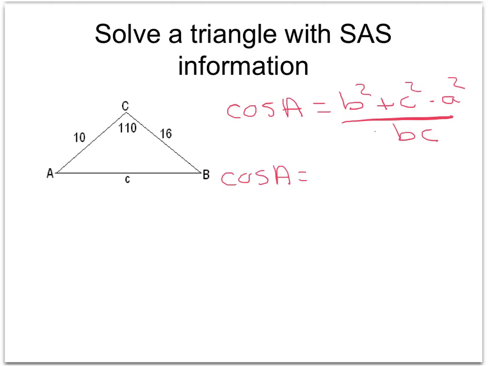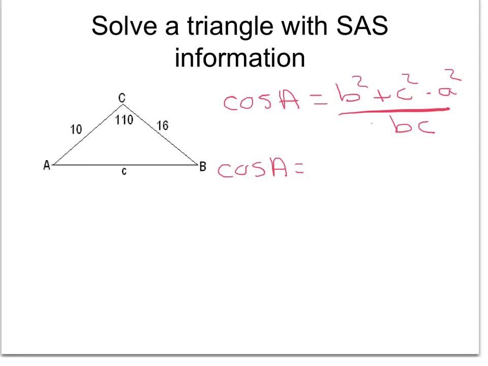Let's see, B squared is 10. Careful there. So C squared is that 21.57 that we found a second ago.